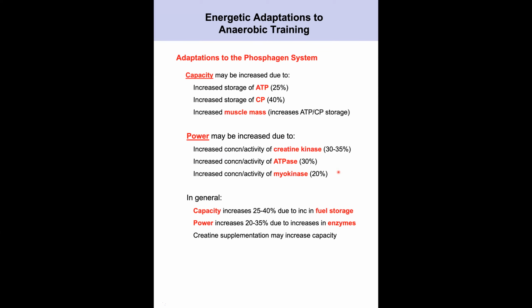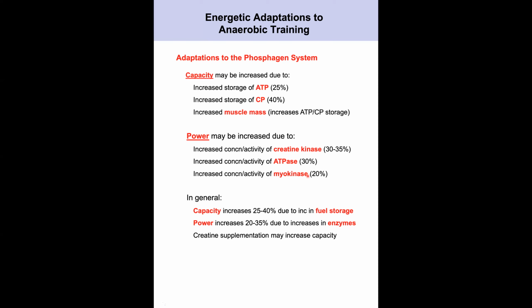Power is going to be how quickly can you make the ATP. And this is usually due to enzymes. You're only as fast as your enzymes or your teammates. So creatine kinase, our rate limiting enzyme. ATPase breaks down ATP. And then just another one on here, myosin kinase. This helps with the myosin actin crossbridge attachments.